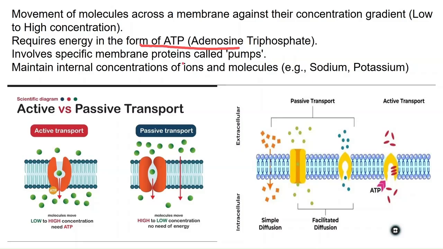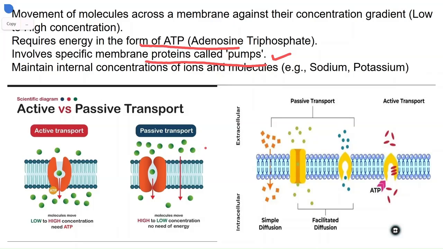And ATP involves some membrane proteins. These membrane proteins are called pumps. Whenever the cell membrane undergoes active transport, the pumps play a major role.